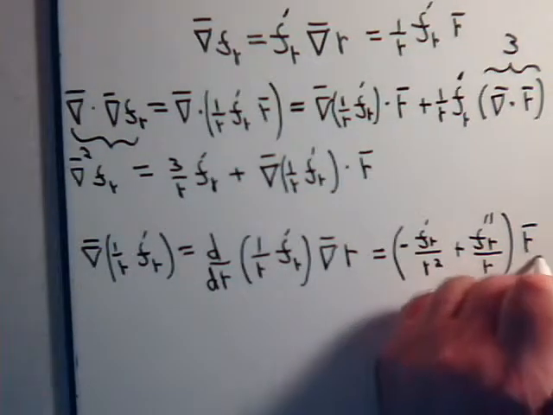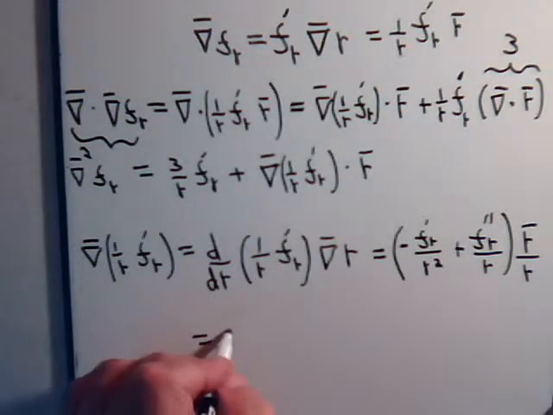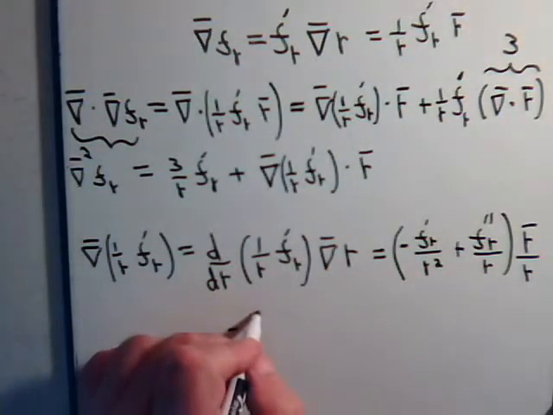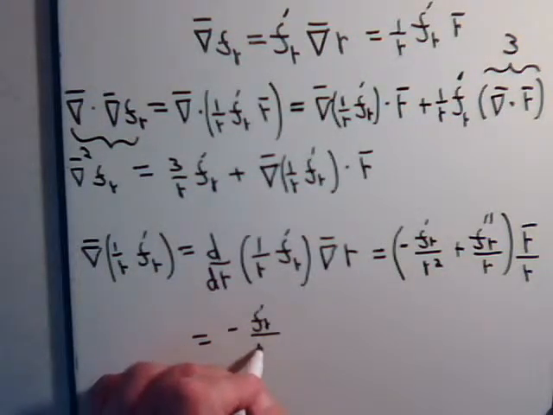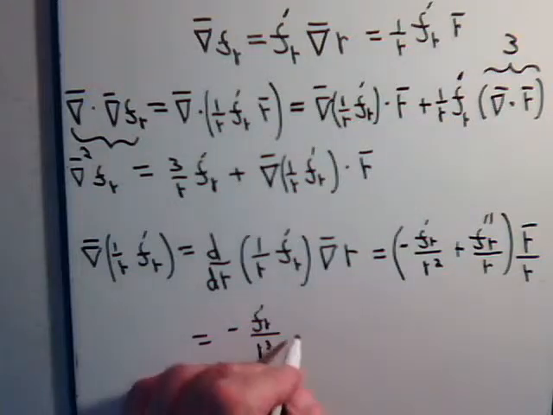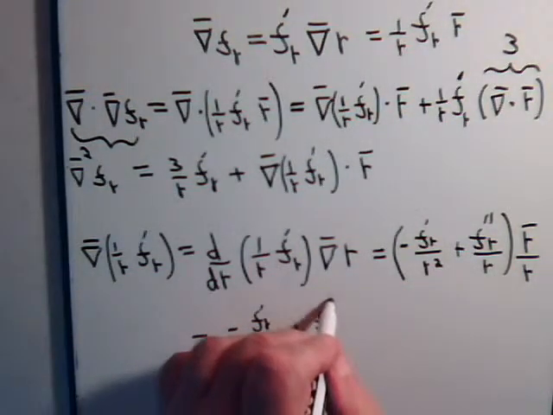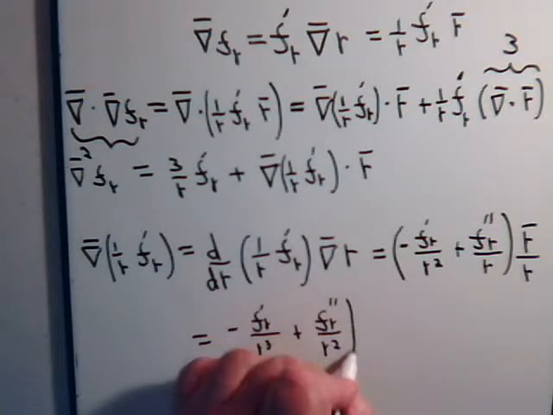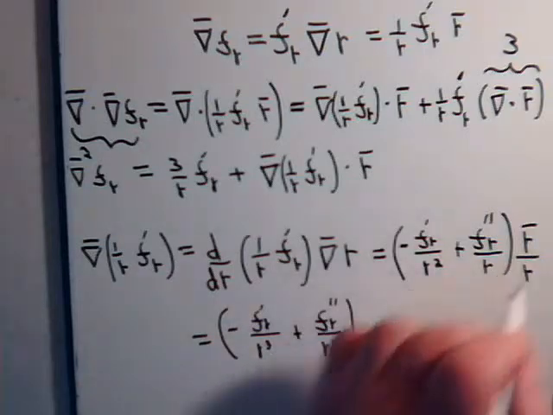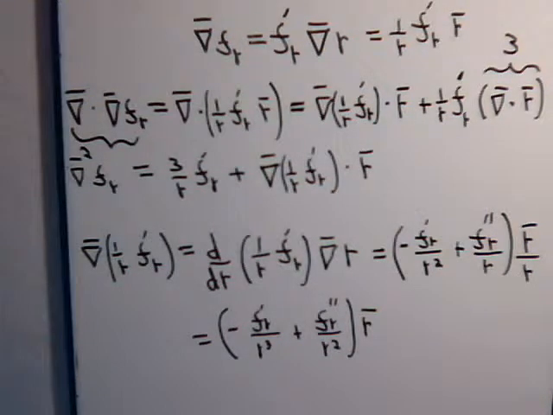So here then we have this. So we can say this is going to be equal to minus the first derivative of the function divided by r cubed plus the second derivative of the function divided by r squared, and that is being multiplied by the position vector r.